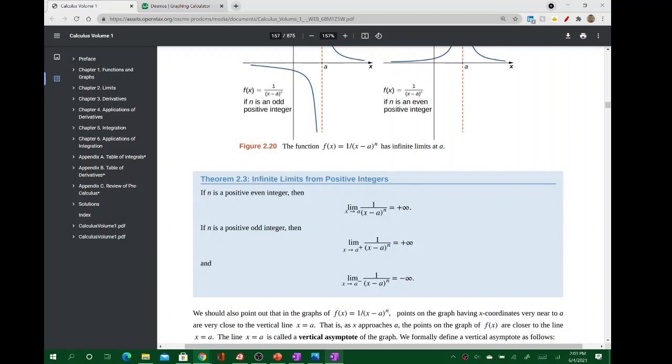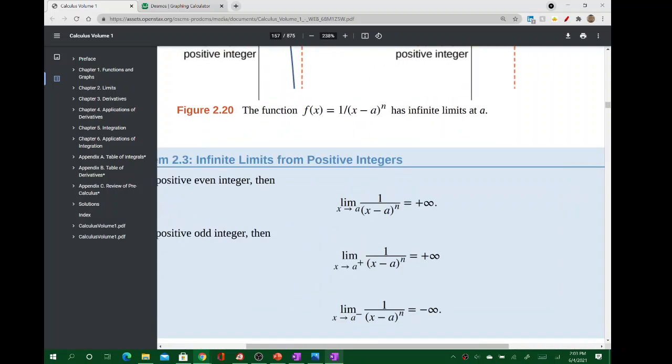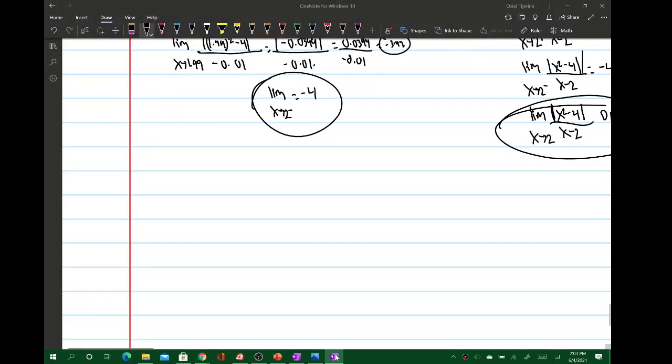Now these are very important. It's saying if n is a positive even integer, then the limit as x approaches a of 1 over (x minus a) to the n power equals positive infinity.